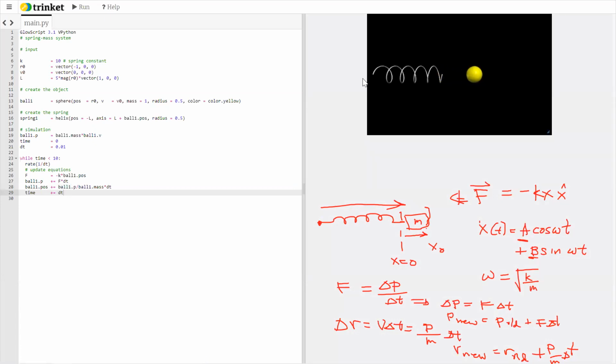Now you need to attach the helix. So before the time update, spring 1 dot position should be equal to the position of the ball plus the length of the spring, L, plus ball 1 dot pos.